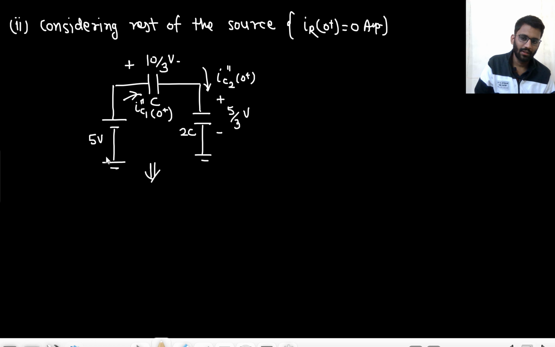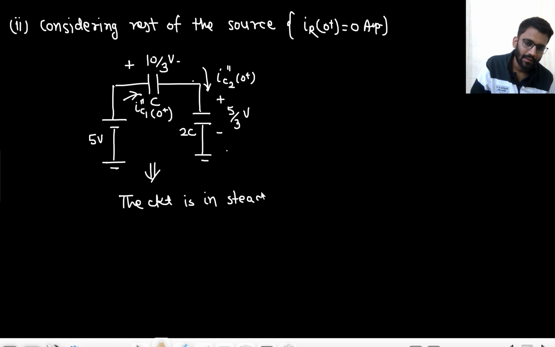If you start from here, 0 plus 5 minus 10 by 3 minus 5 by 3 equals 0 volt. So there is collectively 0 volt in the circuit. So no charge distribution will be there. The circuit is in steady state.